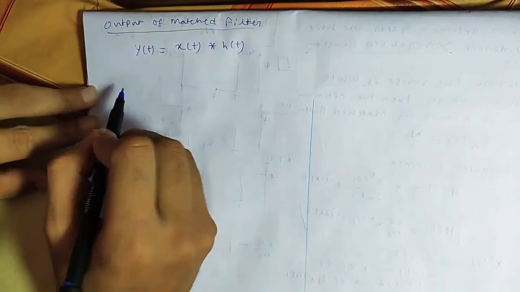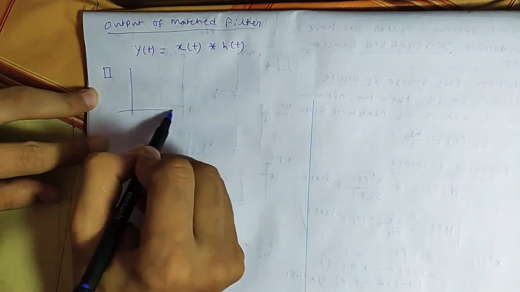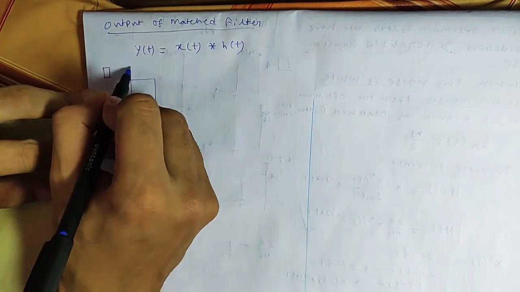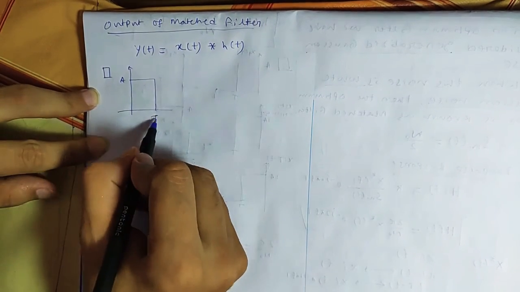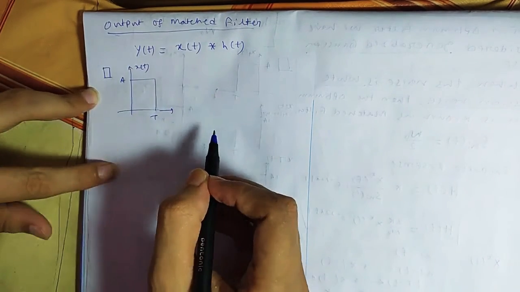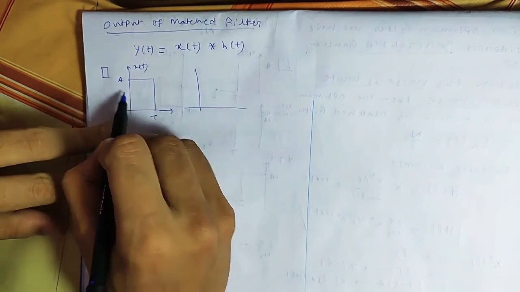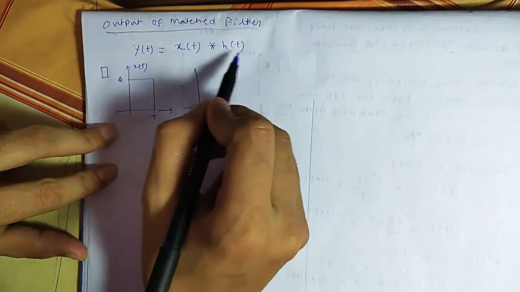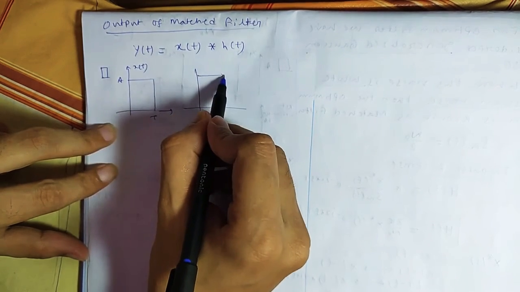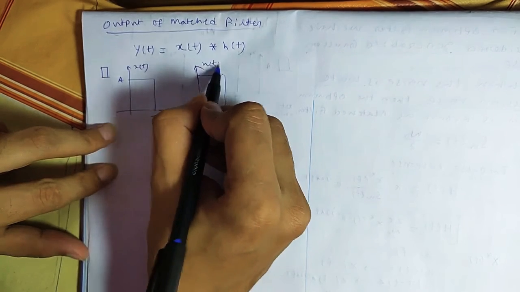Now let's consider a case where x(t) is a rectangular pulse with duration T. From the theory of the matched filter, we know that the input and the matched filter's impulse response will match each other, so that will be h(t).